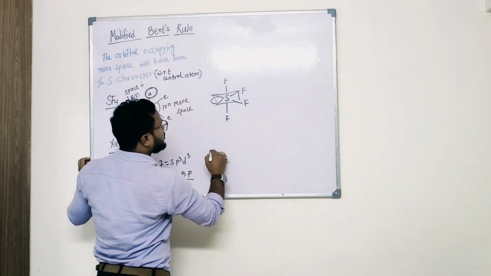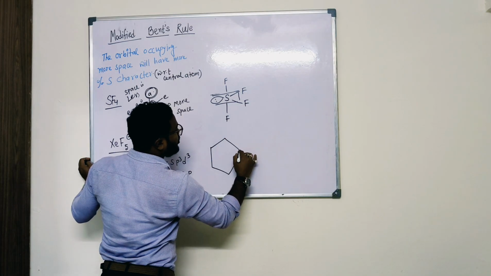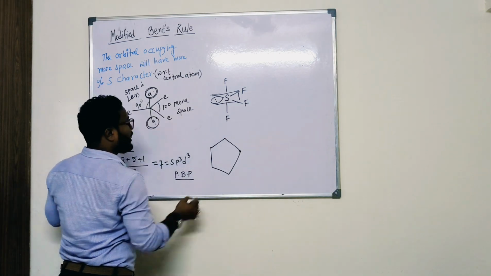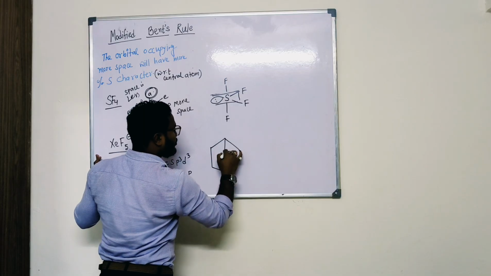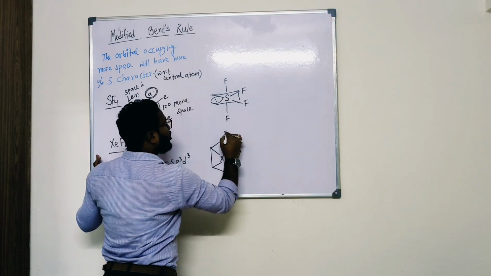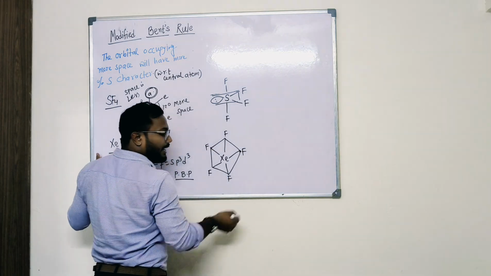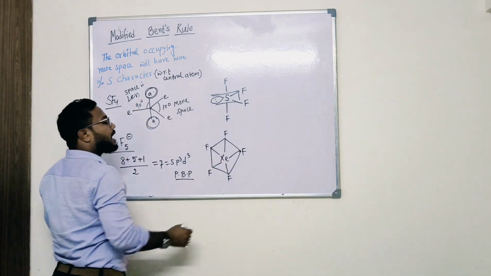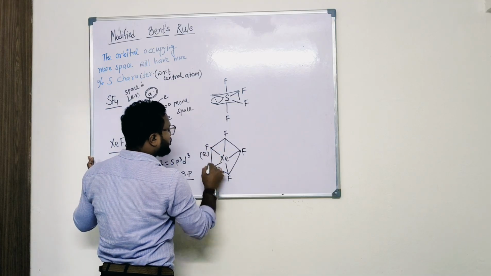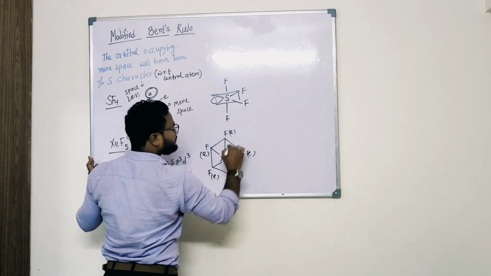Now let's draw the structure. This is pentagonal bipyramidal geometry, XeF5 minus: 1, 2, 3, 4, 5. All fluorines are placed in these positions, and all these positions are termed equatorial.